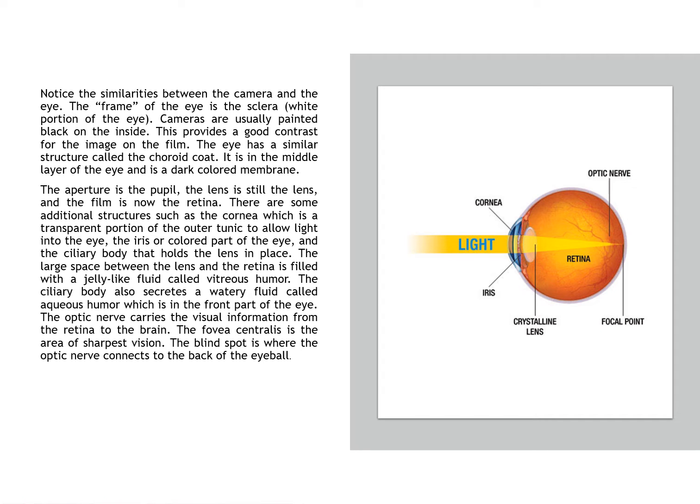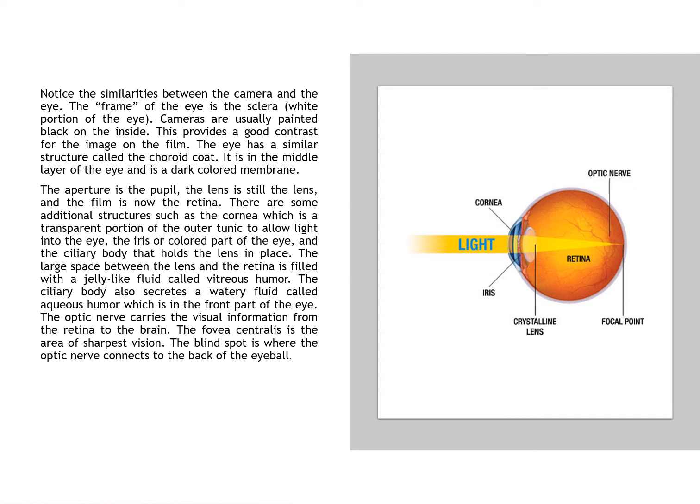The eye has a similar structure called the choroid coat. It is the middle layer of the eye and is a dark colored membrane. The aperture is the pupil. The lens is still the lens, and the film is now the retina.